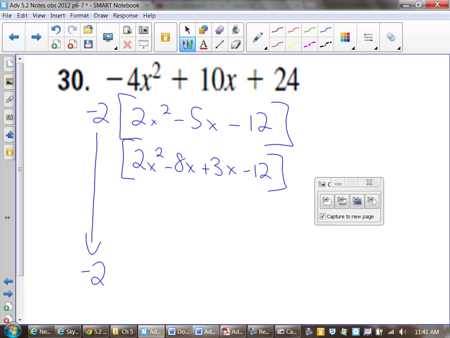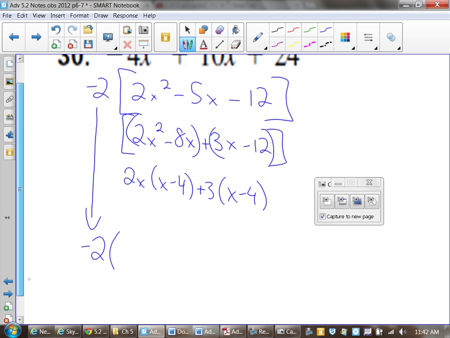From here, I go back to my grouping. GCF is 2x. I'm left with x minus 4. GCF of 3x and 12 is 3. I'm left with x minus 4. Those are the same, so I just write it down next to the -2 I already took out.